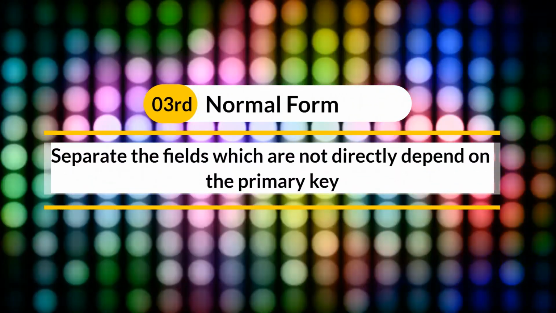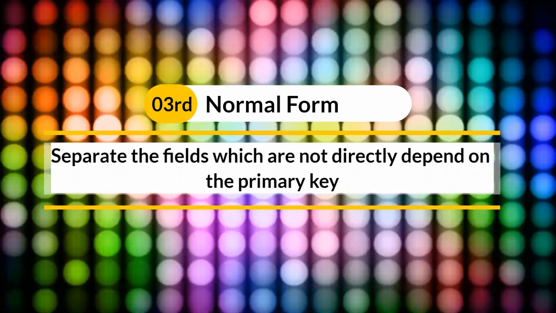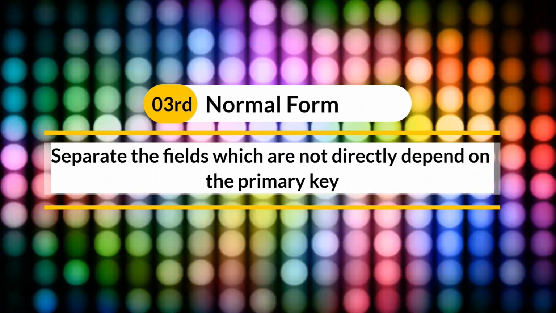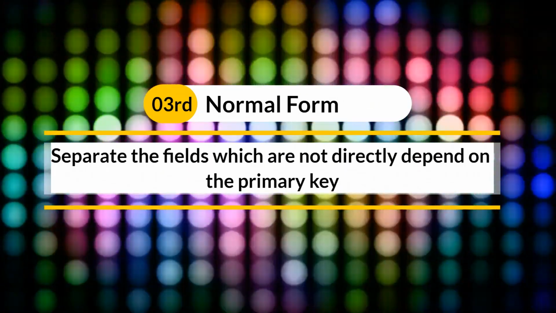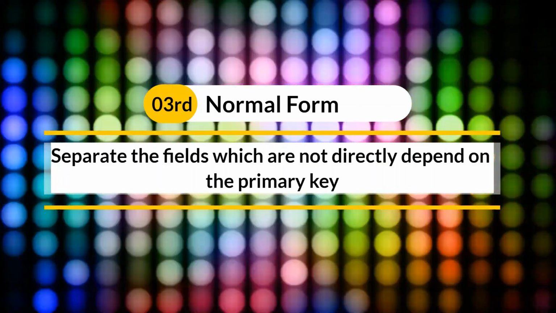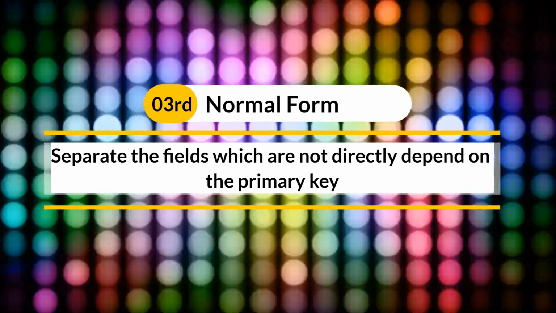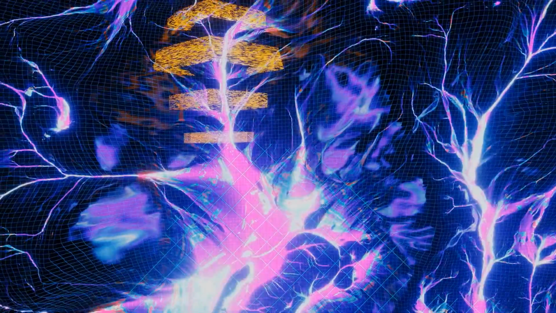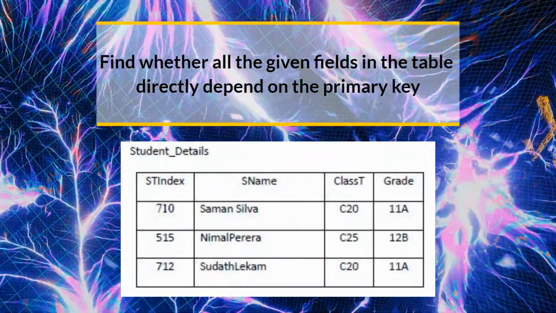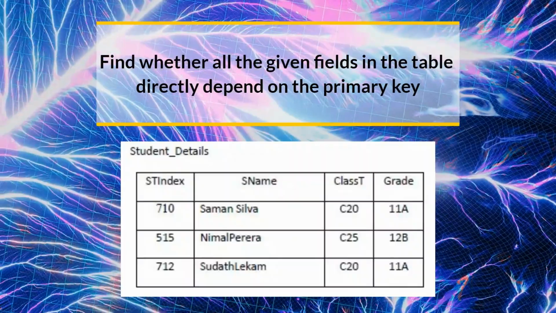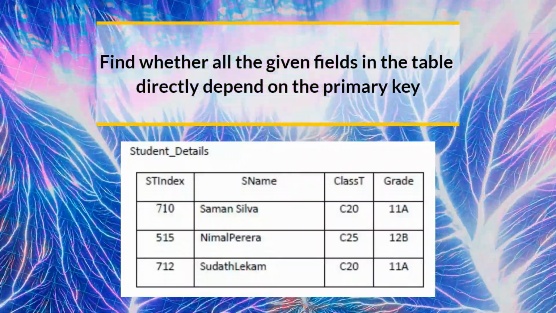After setting the tables into the second normal form, we have to move to the third normal form. Here, we are going to separate the fields which do not directly depend on the primary key. Let's take the student details table and find whether all the given fields in the table directly depend on the primary key.